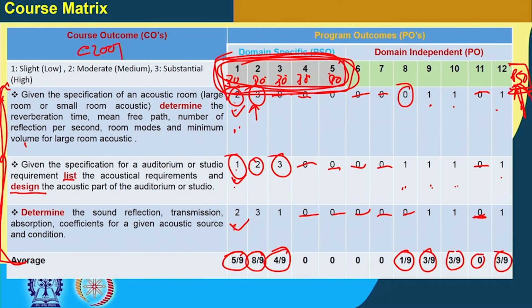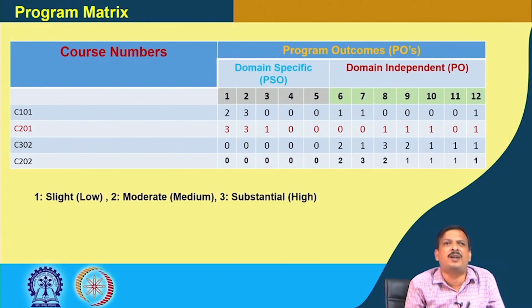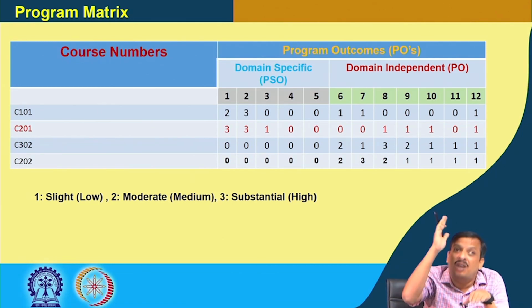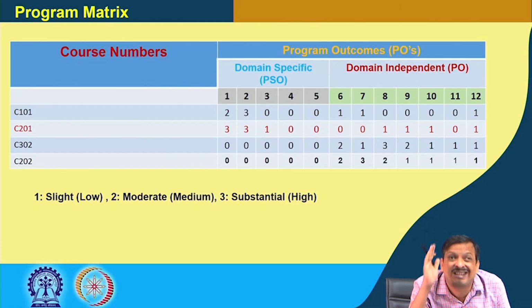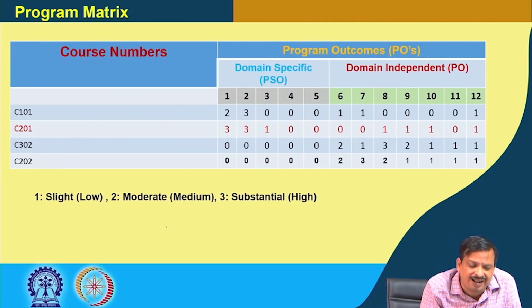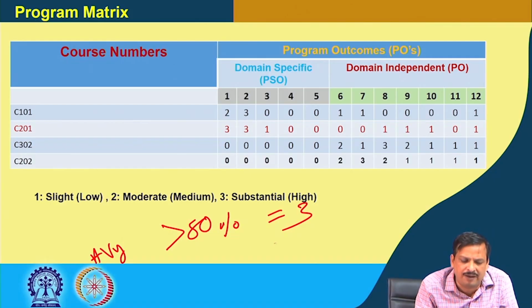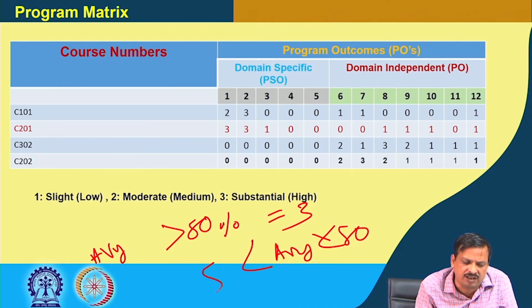Now, based on this average weight, you can develop the program matrix. So, let us say if it is above 80%, in the program matrix the contribution of the course towards that PO weight vector will be 3. That means, if my average value is above 80%, then I put 3. If my average is below 80% but above 50%, then I put weight vector 2.